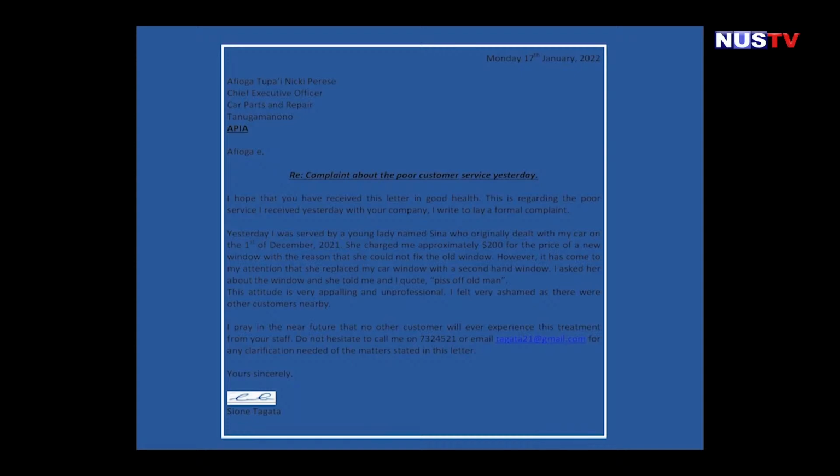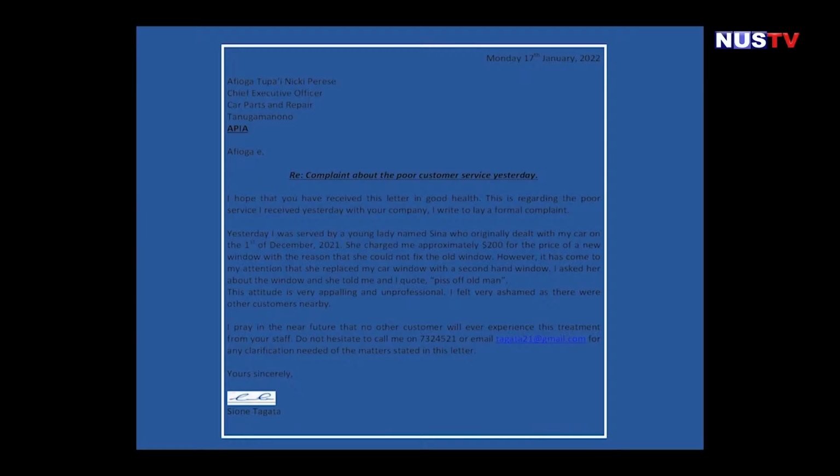Again, if you look at the letter, at the top right-hand side there is the date, and then everything else is aligned on the left. On the top left, you have the inside address. Below the inside address is the salutation.